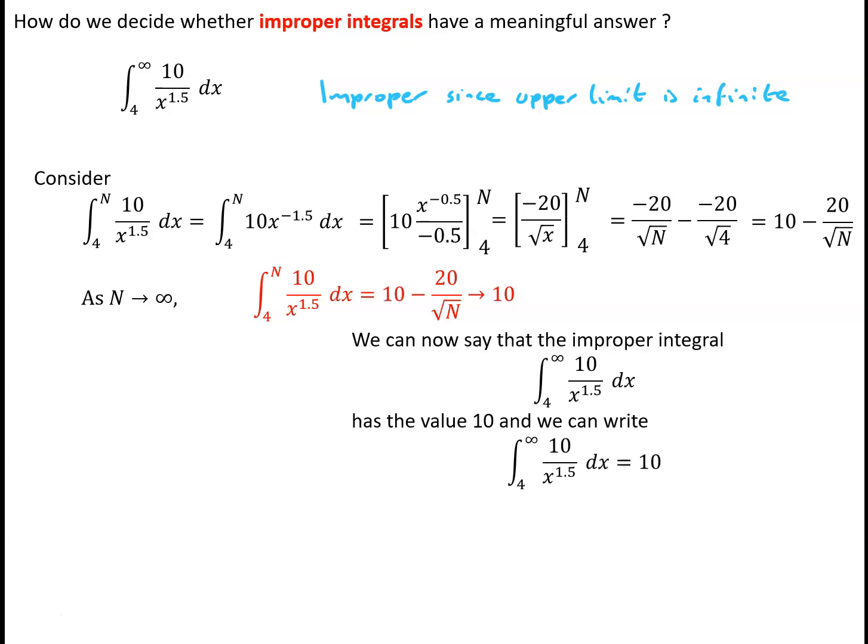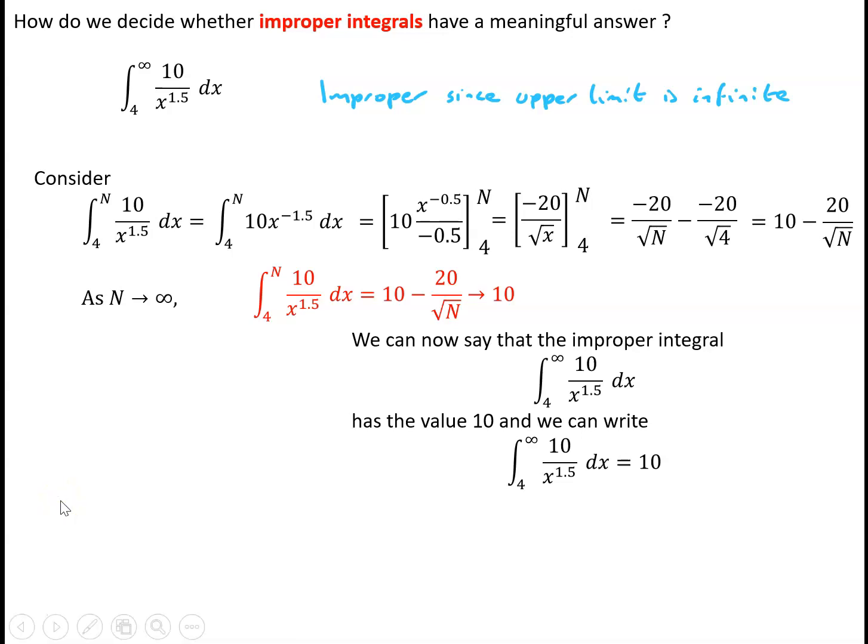So in this case, we can say that the improper integral of 10 over x to the 1.5 between 4 and infinity takes the value 10, and indeed we can write the integral between 4 and infinity of 10 over x to the 1.5 is equal to 10.